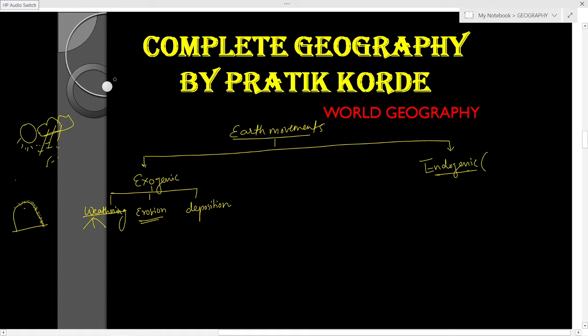Now the wind will come, even rain will come, and these little particles will start moving. That will lead to a structure which is like this. This is something which is eroded, so that is erosion.